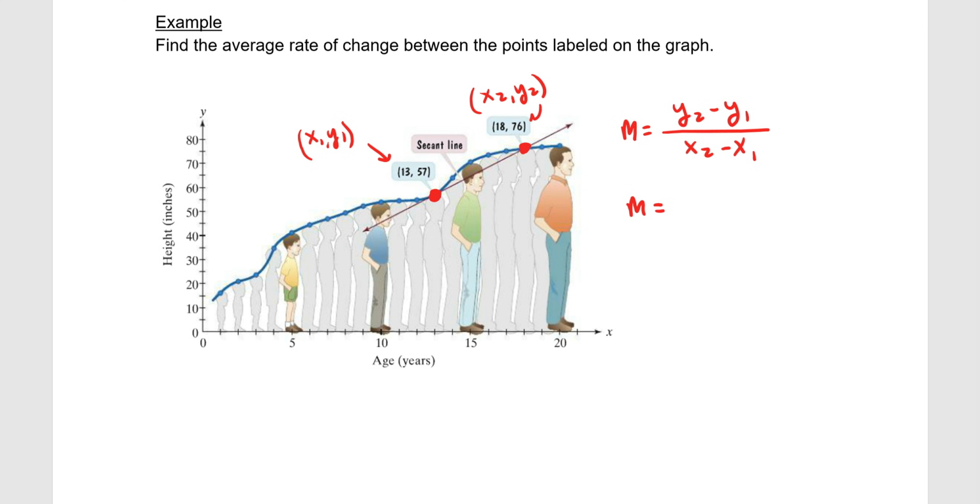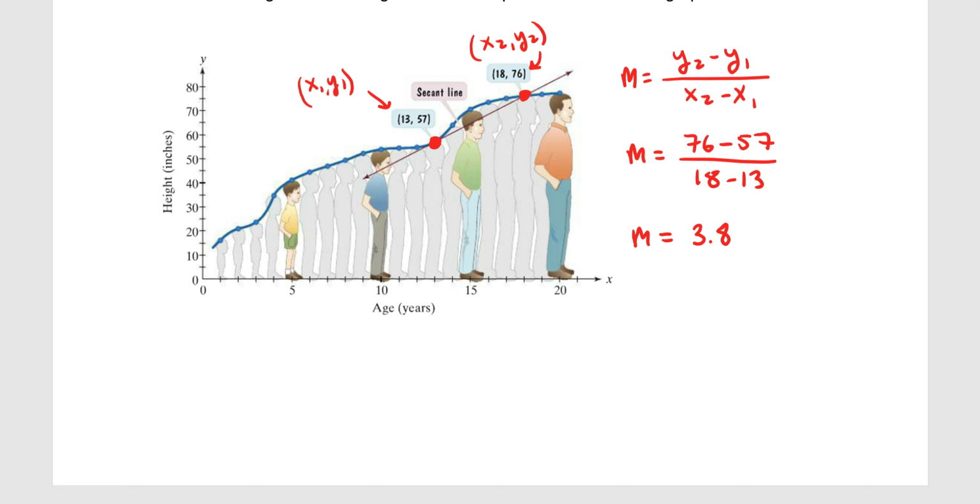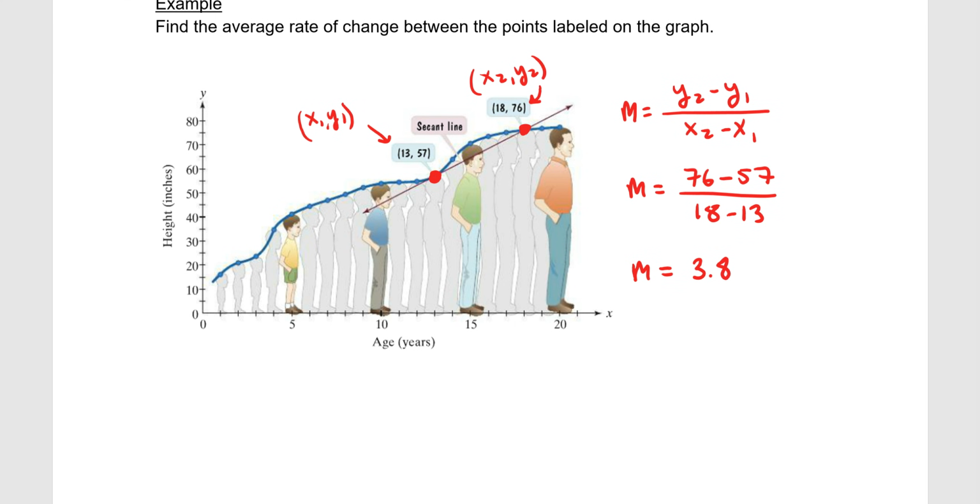We go ahead and plug it in. That's going to be 76 minus 57 divided by 18 minus 13, and we calculate that, and we get 3.8. So let's actually think about what this means, since it's an actual problem here with actual units.